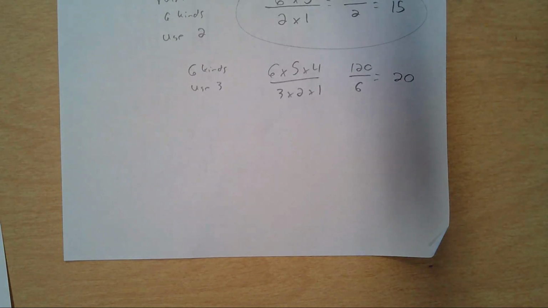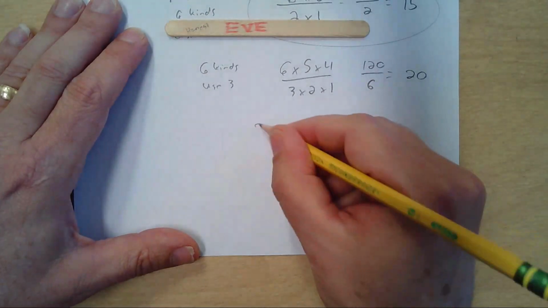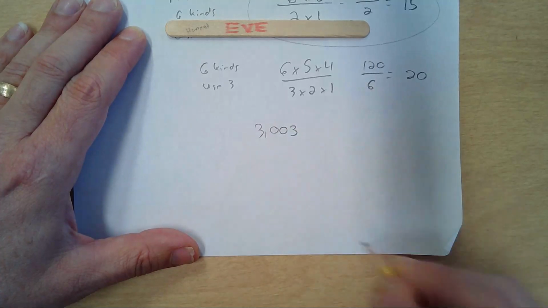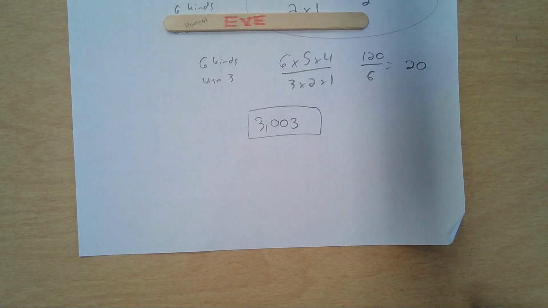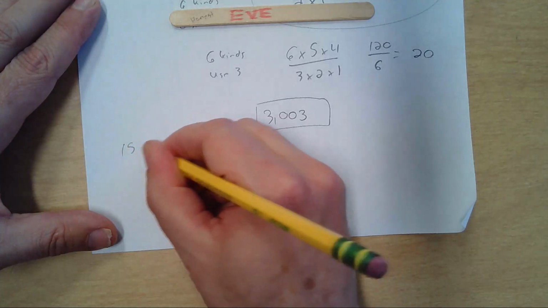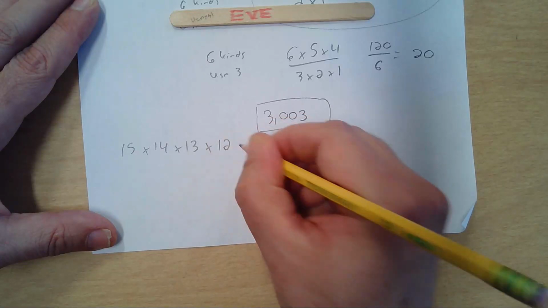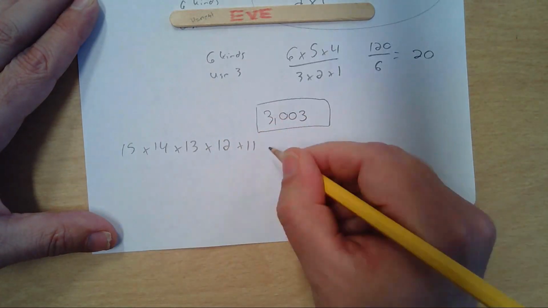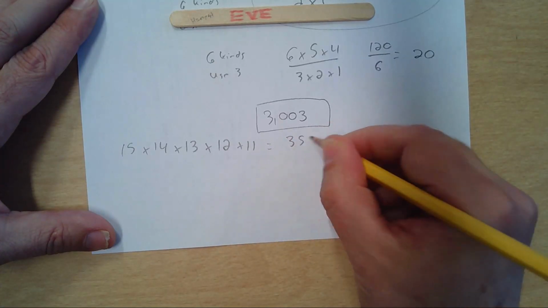All right. So, what do you think, Eve? 3003. How'd you get 3003? I just did 15 times 14 times 13 times 12 times 11, and I got 360,360.